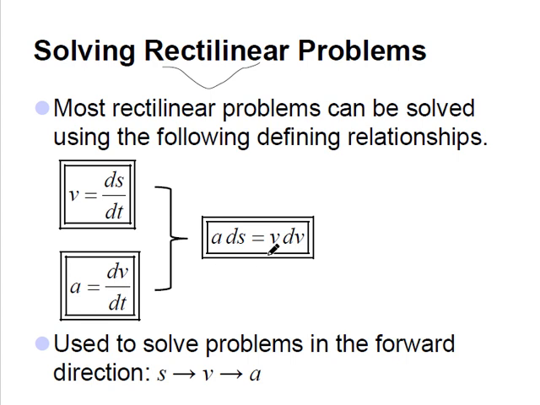And the third one is the relationship between acceleration, velocity, and position. All you do is put these two together. You put this ds, and then your dv is here, and all you do is a, divided by v, we put them together and cancel.